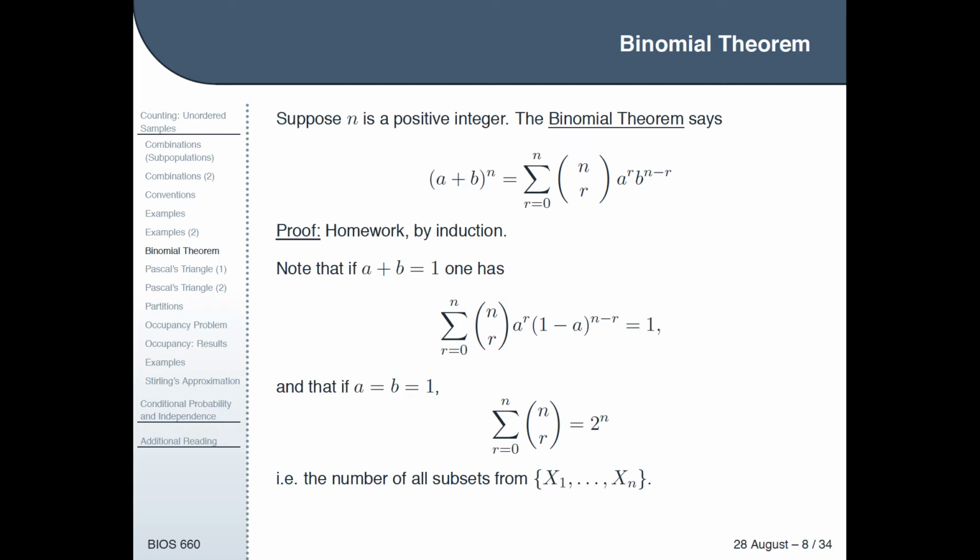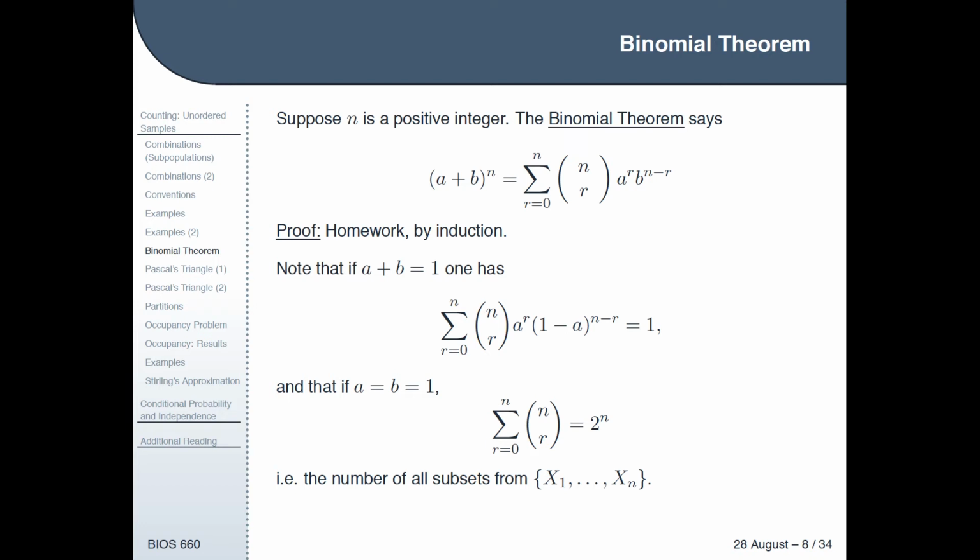The reason we care about that is because if you've ever heard of the binomial distribution before, which is a very common standard distribution that you use in statistics, that expression right there is the density function for the binomial distribution. Density functions have to sum to 1. The binomial theorem tells us that it does indeed sum to 1. More on this in a week or two.